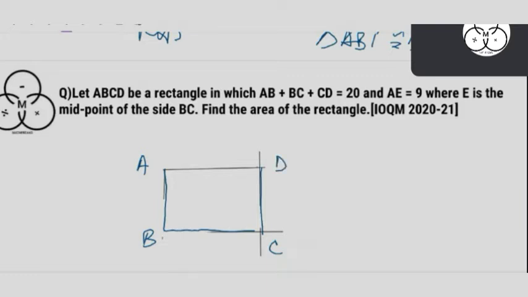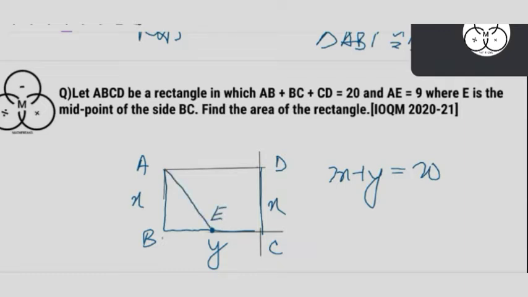ABCD is a rectangle in which AB plus BC plus CD. Let this be x, y, x. 2x plus y equals 20. AE equals 9. Where E is the midpoint of the side BC. So AE equals 9, with x and y by 2.